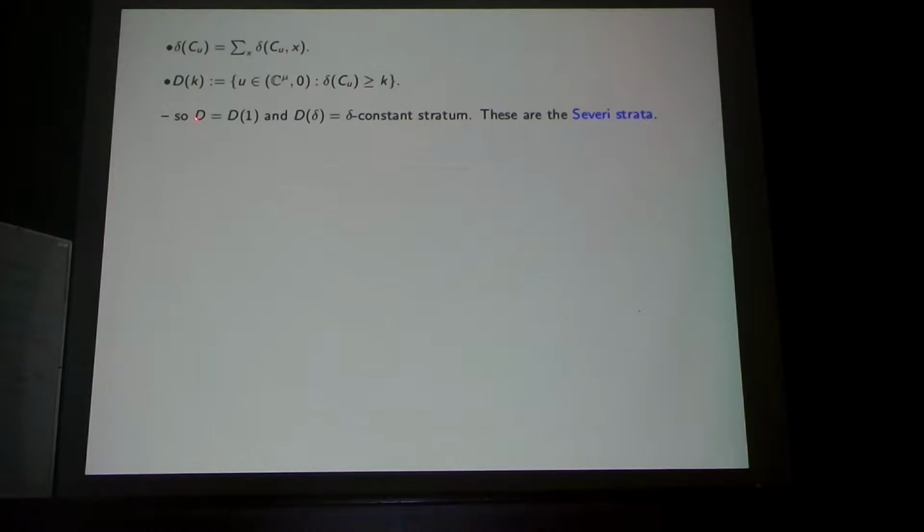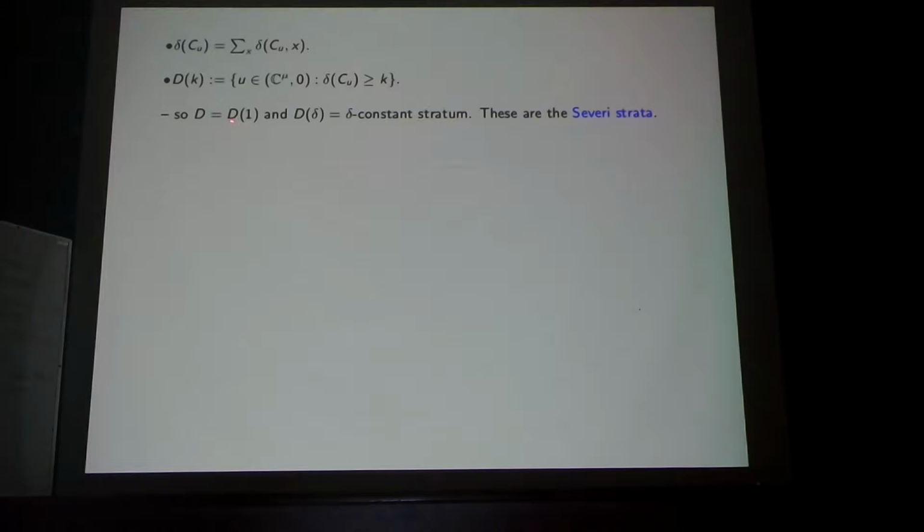So, for example, D itself is D_1, because there must be at least one singular point, and any singular point of the curve has delta at least 1. And D_delta, where delta is the delta invariant of the original curve, is what's known as the delta constant stratum. So this is a famous object in singularity theory.